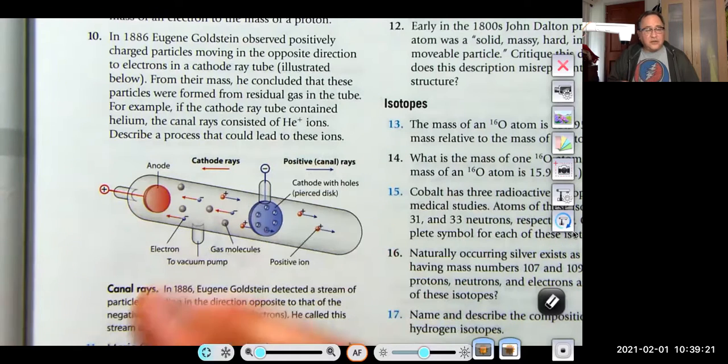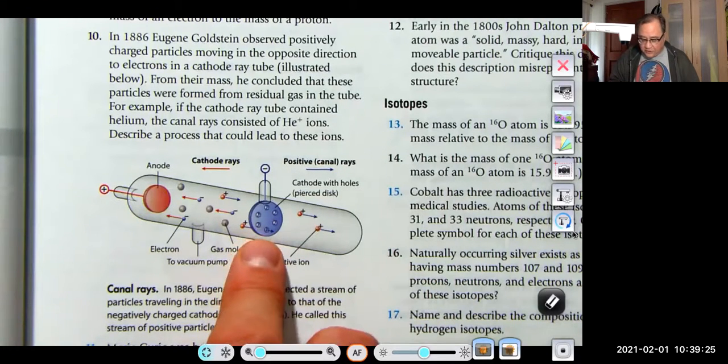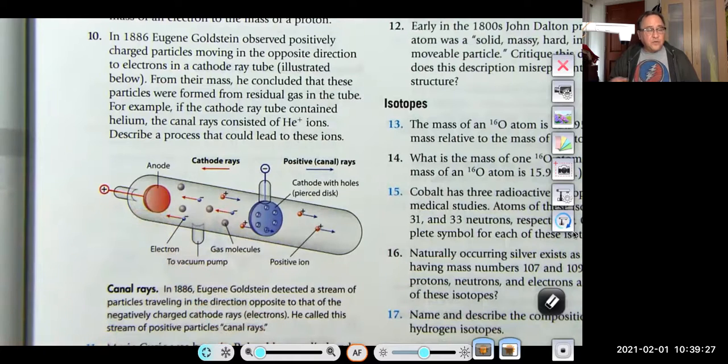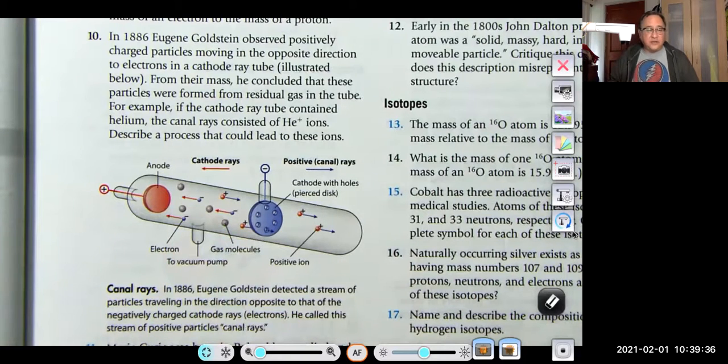Okay, so if you're shooting electrons from your cathode to your anode, what could happen is that one of those electrons could bump into an atom and knock an electron off of it. So imagine you have a technetium atom with 43 protons and 43 electrons, and you knock an electron off of it. So now it only has 42 electrons.